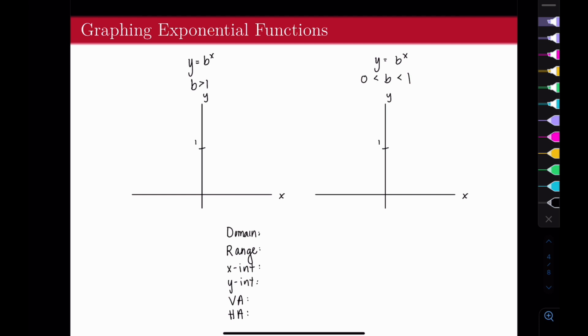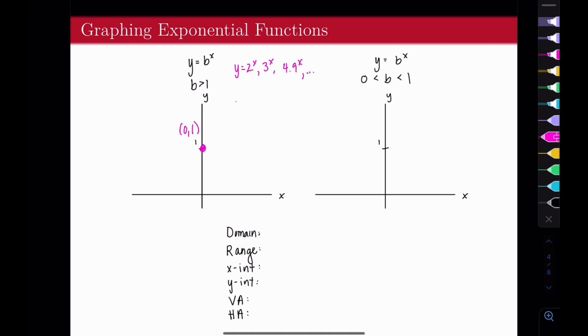So in general, the base is going to dictate what the shape of the graph looks like. If your base is a number that's bigger than 1, so this would be something like y equals 2 to the x, 3 to the x, 4.9 to the x, it doesn't really matter. That base is something bigger than 1. You're going to go through the point 0, 1, because anything to the 0 power is going to be 1.